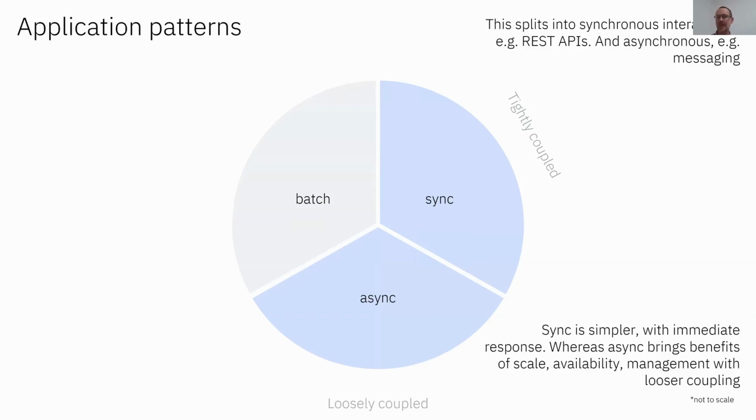Whereas asynchronous, messaging environments are loosely coupled, because the idea of the messaging infrastructure is it decouples the applications that are trying to communicate. So you send some data in to the messaging infrastructure, and that data is consumed at some later point by applications.